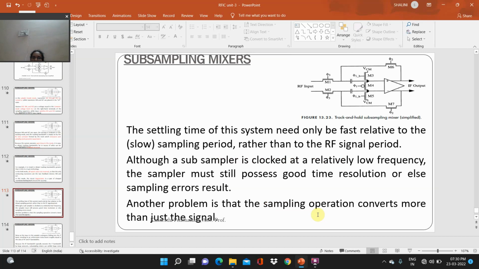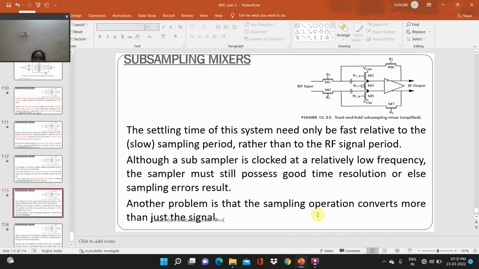The settling time of this system need only be fast relative to the slow sampling period rather than to the RF signal period. Although a subsampler is clocked at a relatively low frequency, the sampler must still possess good time resolution or else sampling error results.